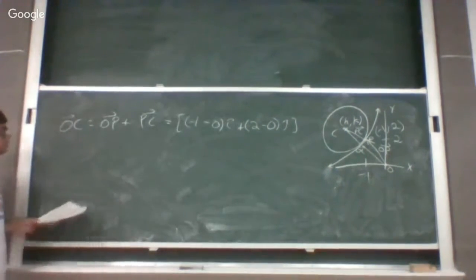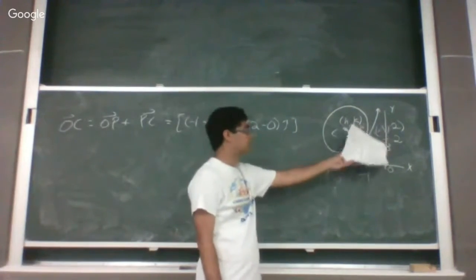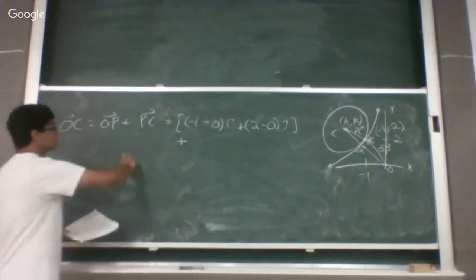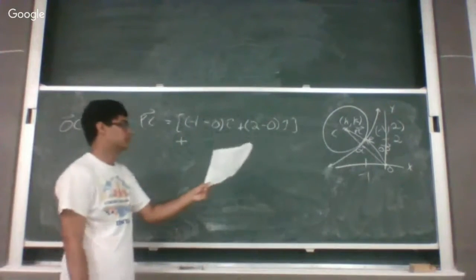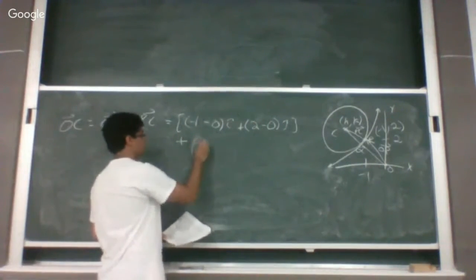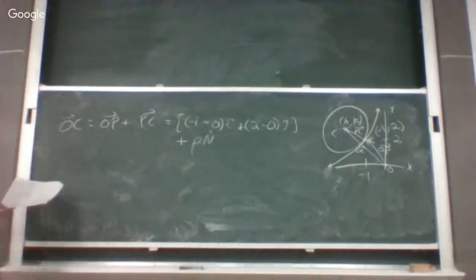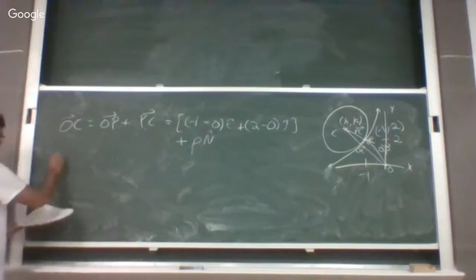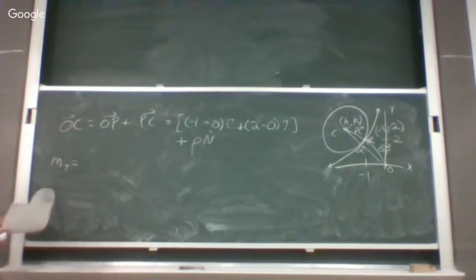Do you guys see that? Final minus initial, -1 minus 0, 2 minus 0. Now one thing that you do need to know, the formula for the vector PC is equal to what? Rho n. Okay? So now we need to find that. Let me see if they ask you for that, or they expect you to find all these things.